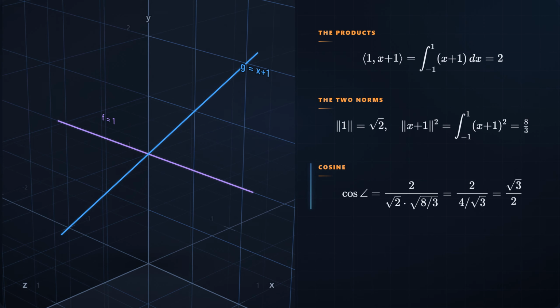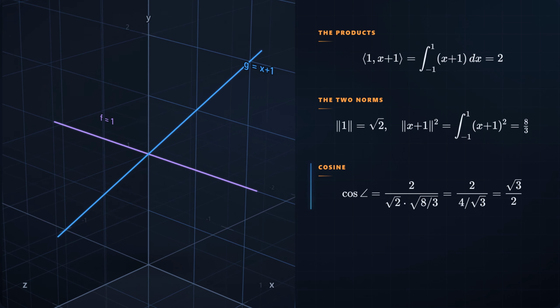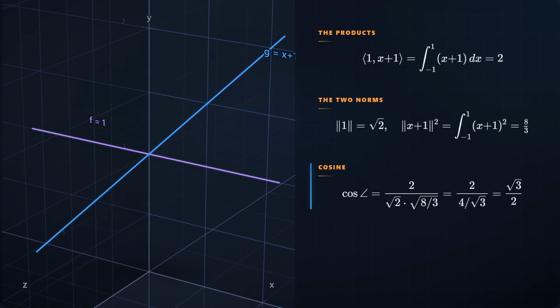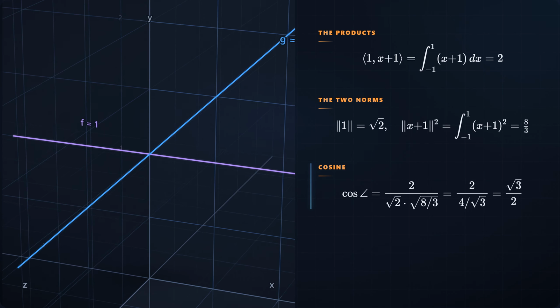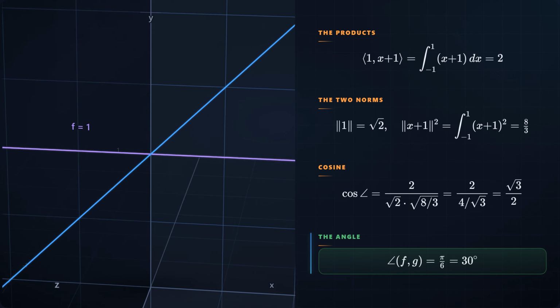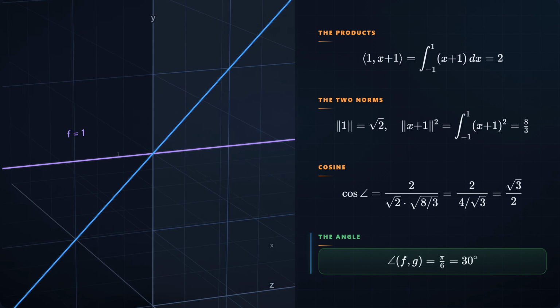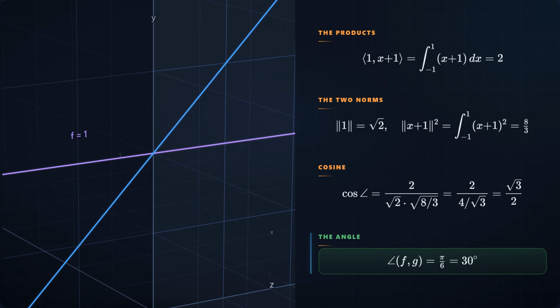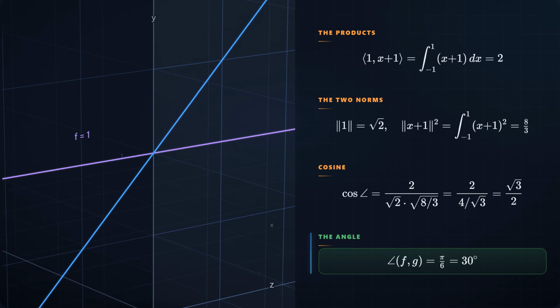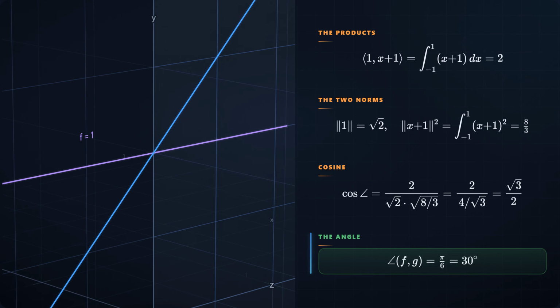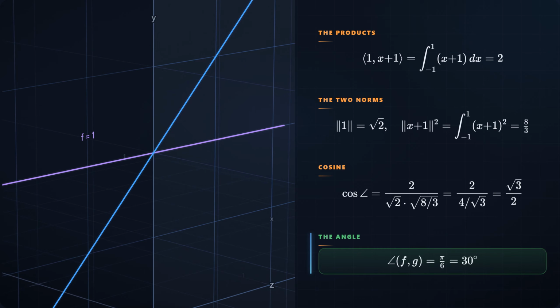The denominator is 4 over root 3, so the whole thing is 2 root 3 over 4, which is root 3 over 2. And root 3 over 2 is the cosine of 30 degrees. So these two functions sit at a 30-degree angle. Length and angle, the entire geometry, carry over from arrows to functions unchanged. Only the scalar product is now an integral.